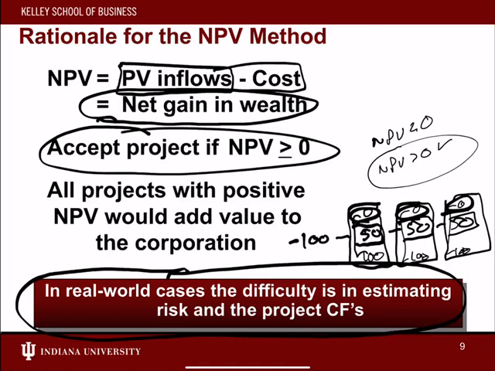There's so many things that could happen that make it really hard to project those cash flows 10, 15, 20 years into the future. So even though the mechanics are very easy to calculate, actually going through the process of estimating those cash flows, and how certain you are that you're even going to have cash flows, is the hard part. The risk inherent in these projects is what's really tough in practice.